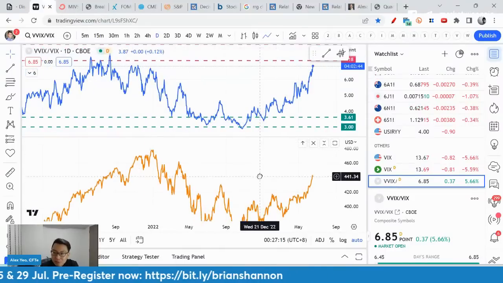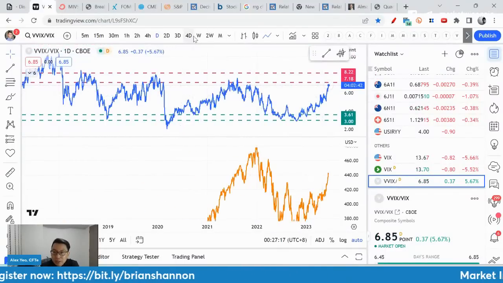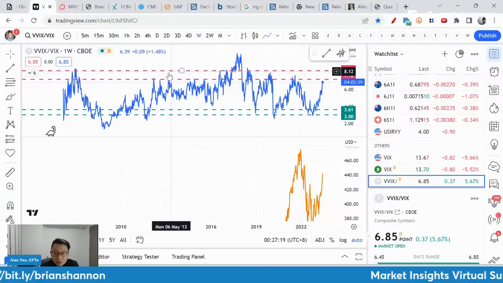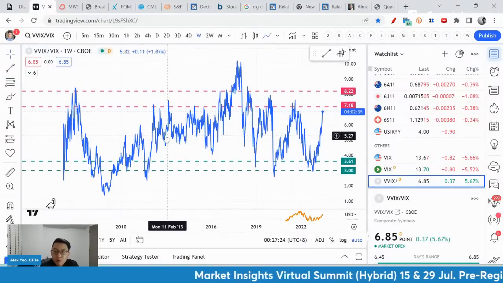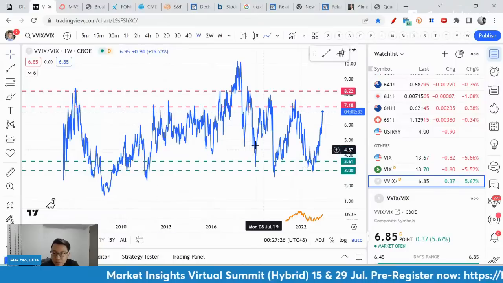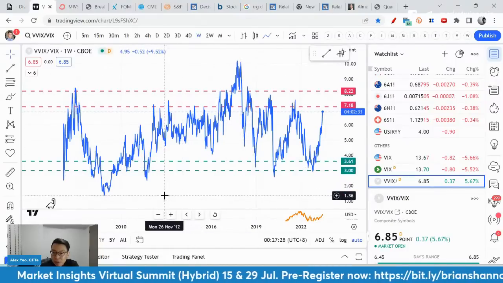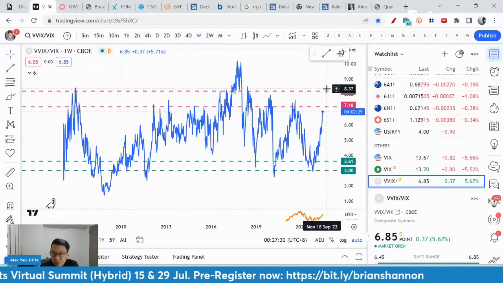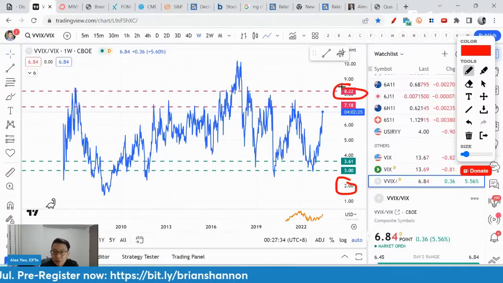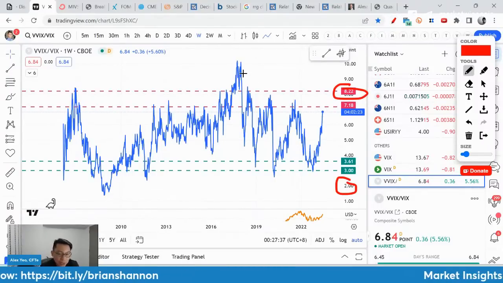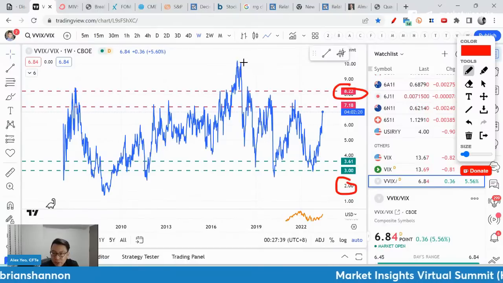If you look at the weekly chart, to simplify, the VVIX tends to move within some range, between reading 2 and reading 8. Of course, on some very special occasions it moves out of the range, like at a 10.